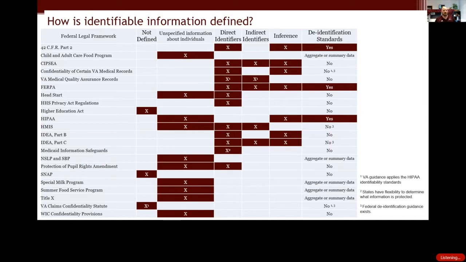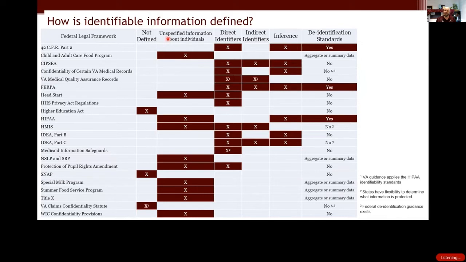Now, the other thing I want to point out is here in the far right-hand column, what you see is de-identification standards, right? Some laws have specific legal definitions that can be used to determine whether or not data are legally de-identified. Others do not. And for those that do not, what's really important is how that information is defined in the law.